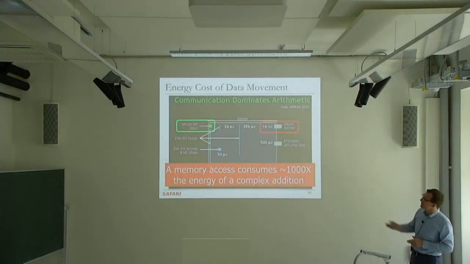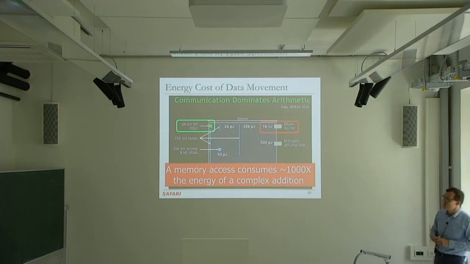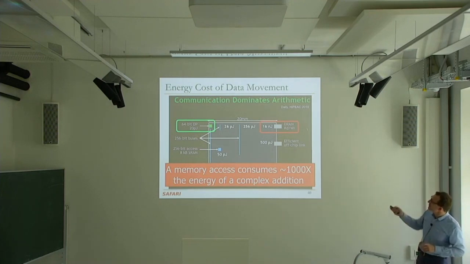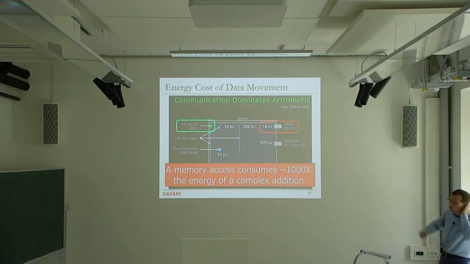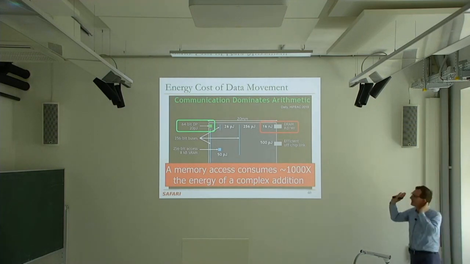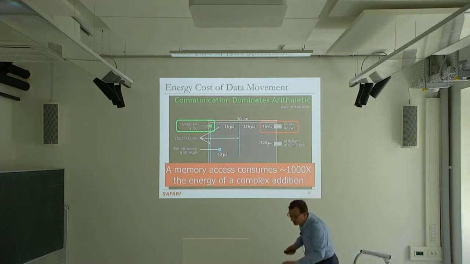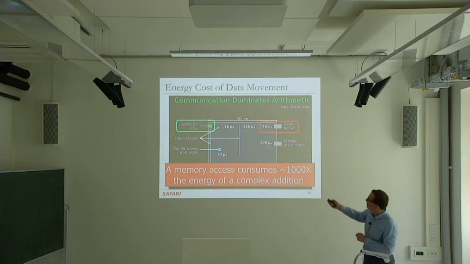Okay, but let me give you, on this energy, a couple of numbers. This is an exaggerated number. This is actually a slide that I borrowed from Bill Dally in his HiPEAC keynote a few years ago. So these are old numbers. Keep that in mind. But basically here, he compares the cost of different operations on chip or off chip.